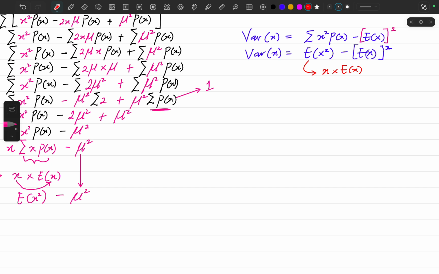That the expected value of x square represents x multiplied by the expected value. Okay, so that's what you do not want to forget. Now this mu square, because the mu is the expected value, so you're squaring the expected value, and that's the reason why this was completely squared at this point here.